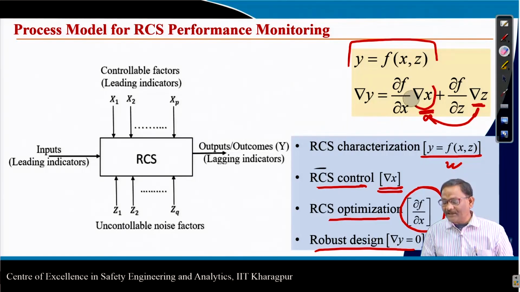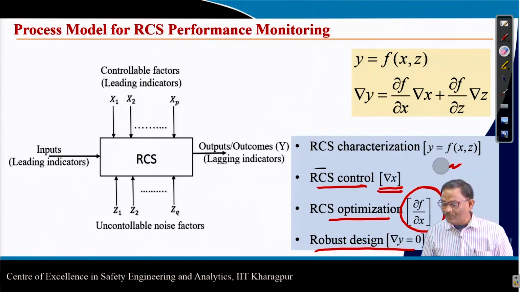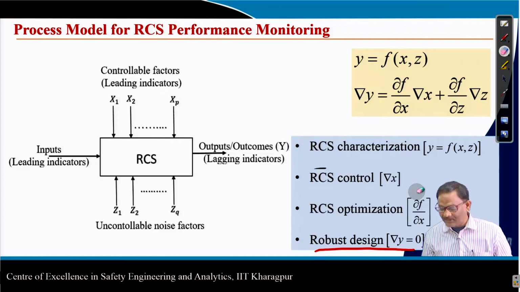And at the same time, as you are having data, you must have the quantification in terms of the RCS characterization. What do we mean by RCS control? The RCS should perform as designed, and what could be the optimum RCS performance, because the optimum RCS performance may tell you how many layers you will have.